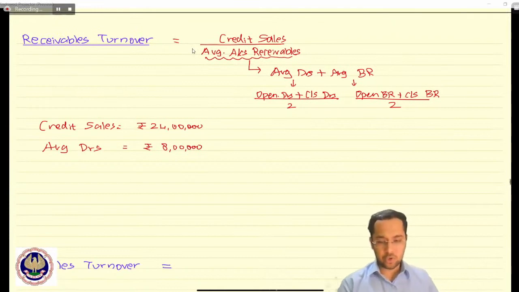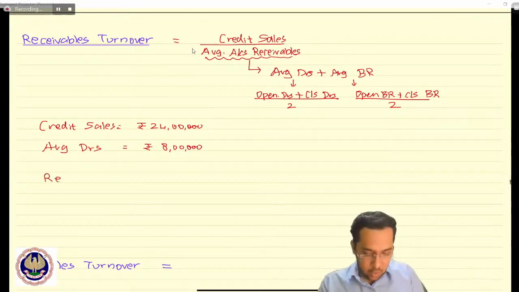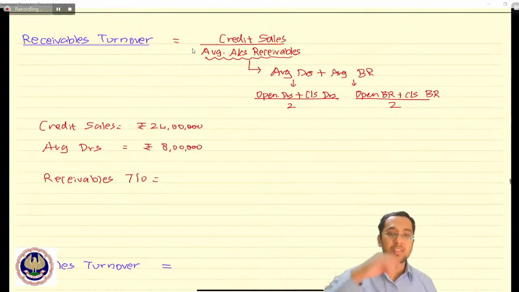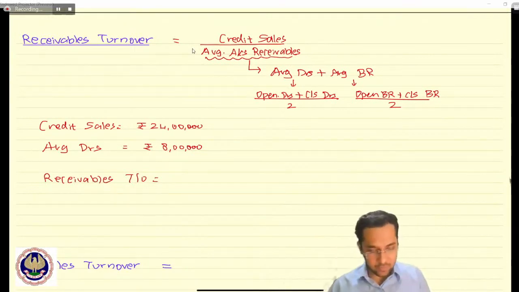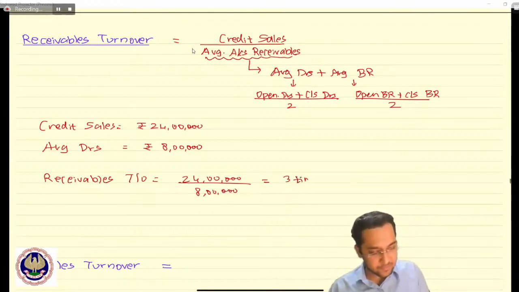So if I ask you what should be the receivables turnover? To understand that, we can simply say, sir, it's credit sales of 24 lakh on average debtors of 8 lakh. That means it is 3 times.